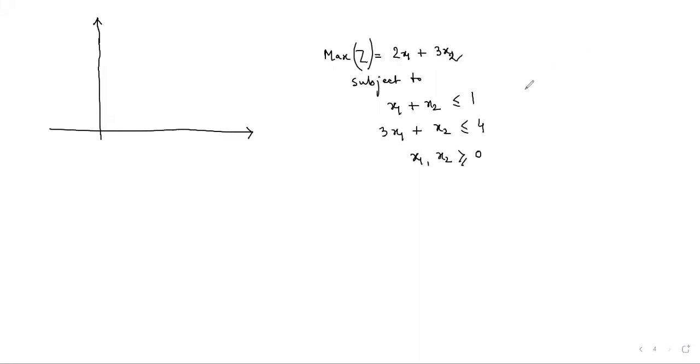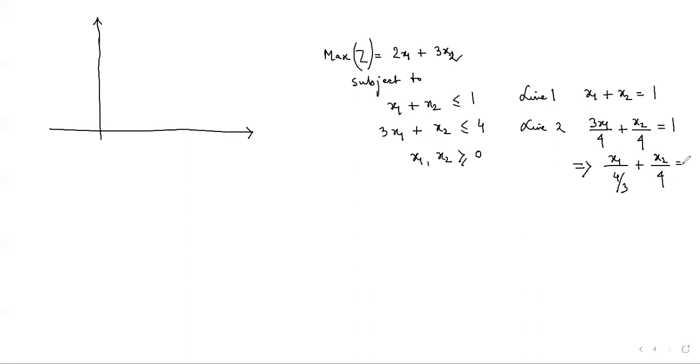How do we solve it graphically? Line 1 here is x1 plus x2 equal to 1. Line 2 here is 3x1 by 4 plus x2 by 4 equal to 1. I'm not explaining this because it has been explained in the previous class.